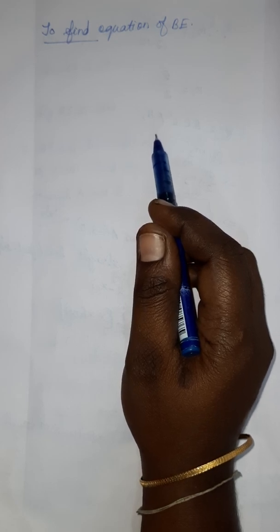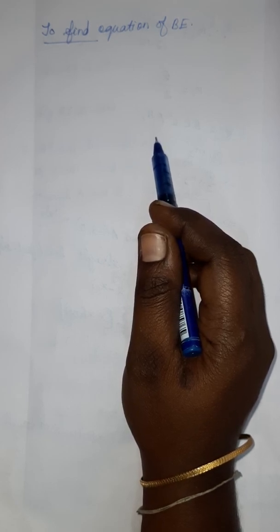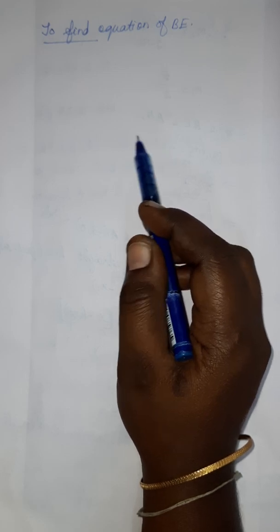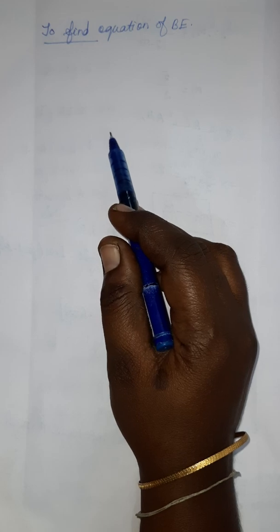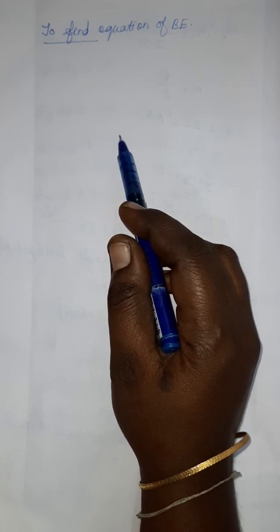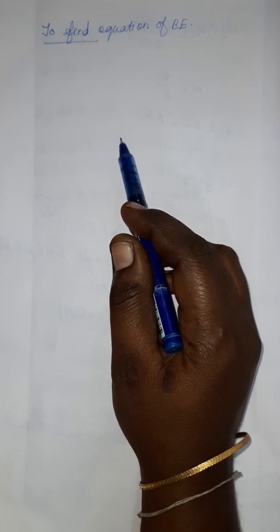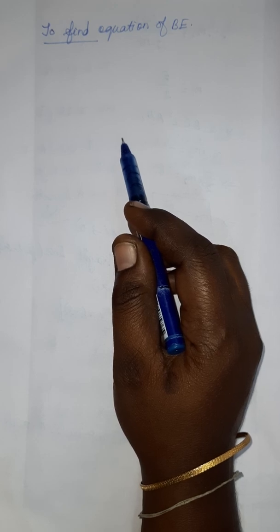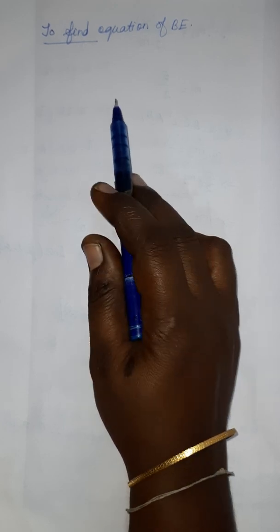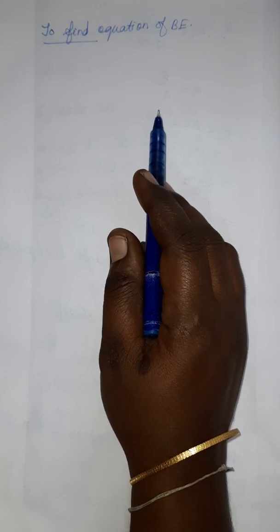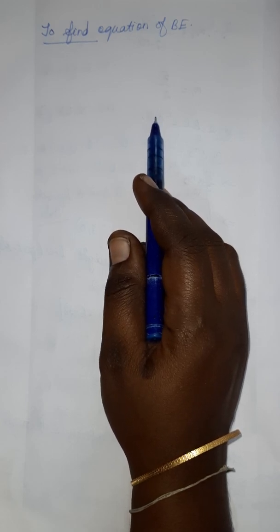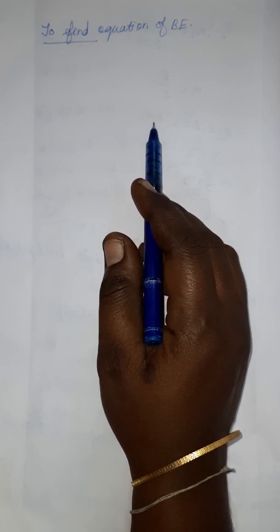Find the m2 value, then consider it as the slope m and substitute that value with the coordinate B in the equation of the line y minus y1 equal to m into x minus x1, and find the equation of this line BE. That is the equation of the altitude through B. Understood? Complete it like the previous one, it is easy. Please understand and do it, don't copy from the back.